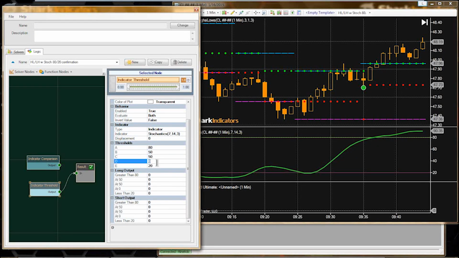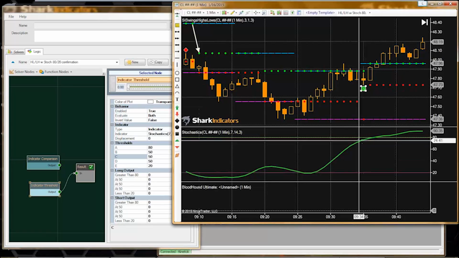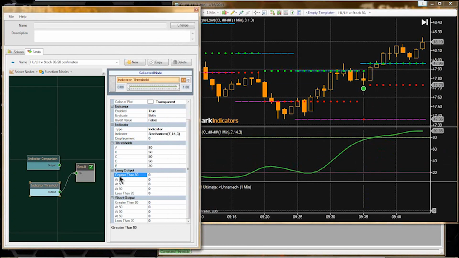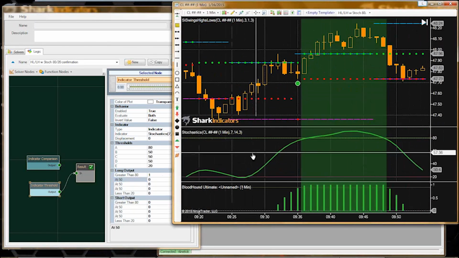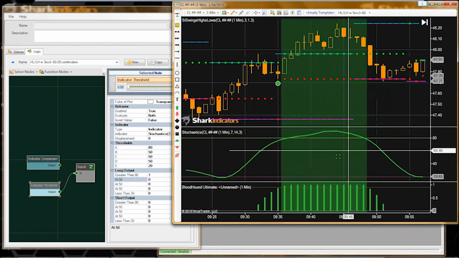It doesn't matter too much, but typically you get the best results if you pick a number in the middle. For a long setup, we're interested when the stochastic is above 80. The description says greater than 80 for a long output. That's when we want a long output, when it's greater than 80. And there we go. We can now identify when our stochastic is above 80%, like so.